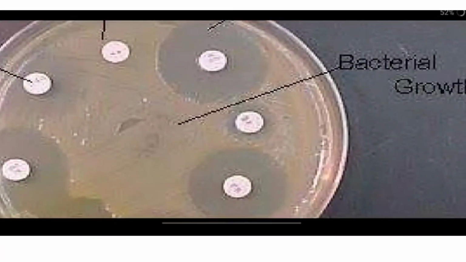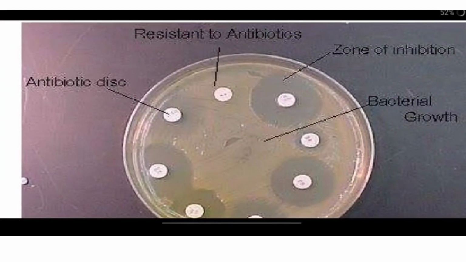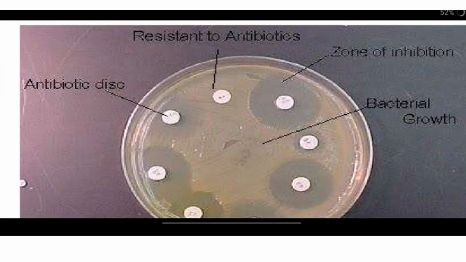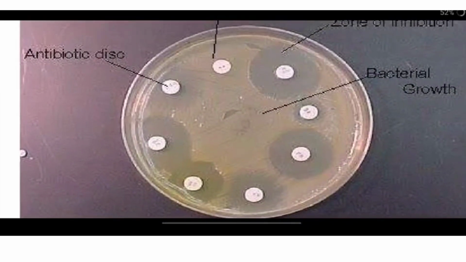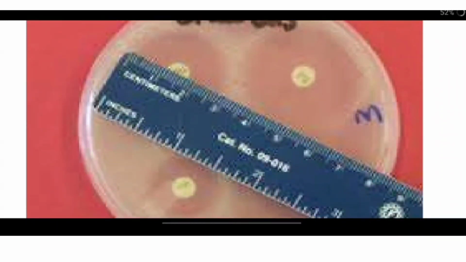These two drugs are resistant. These are sensitive. This is sensitive and this is a resistant drug. This is the bacterial growth in the center, and the zone of inhibition is the clear zone around the antibiotic discs. See how it is measured.